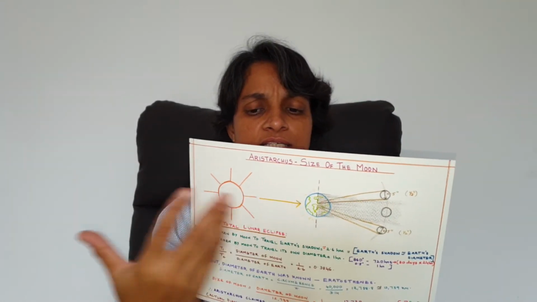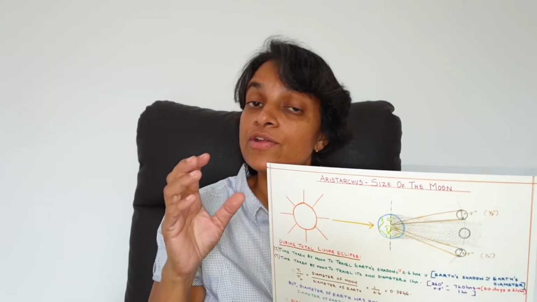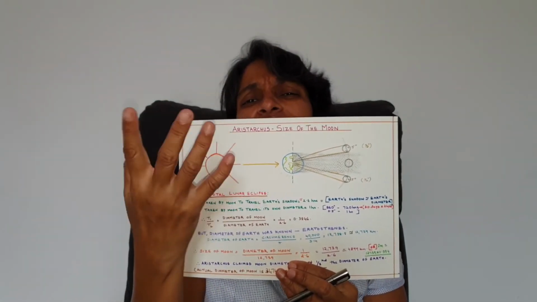Now, Aristarchus, after measuring all this and realizing that the sun is the largest object, and then comes the Earth, and then comes the moon, simply said that it would be logical if smaller objects revolved around larger objects, because larger objects revolving around smaller objects would be a little messed up.